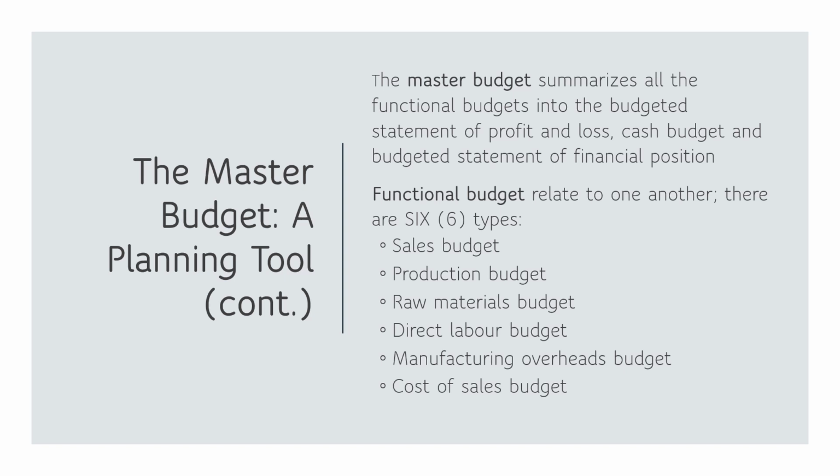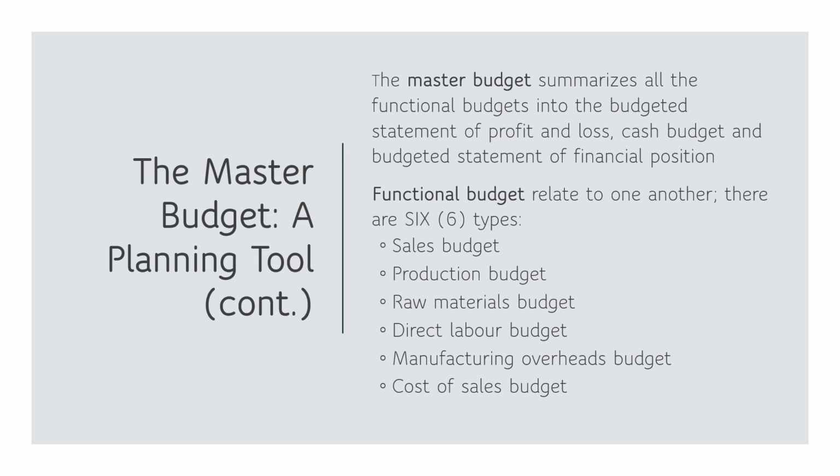And then the budgeted statement of financial position, also known as the budgeted balance sheet. So this shows the expected financial position of the business, including assets, liabilities, and equity at the end of the budget period. And then functional budgets are related to one another.